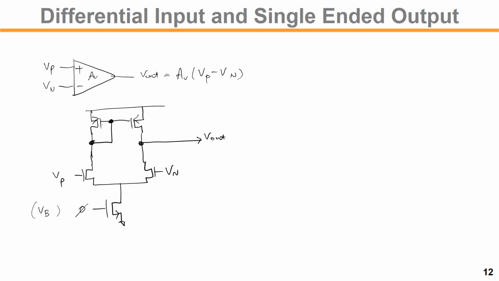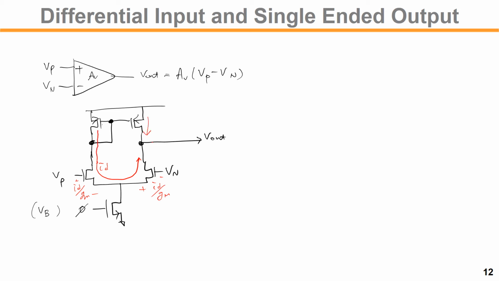For the input difference, it will generate the differential current ID, and the gate will be ID over GM. The source to gate will be ID over GM. And this ID current will be replicated.